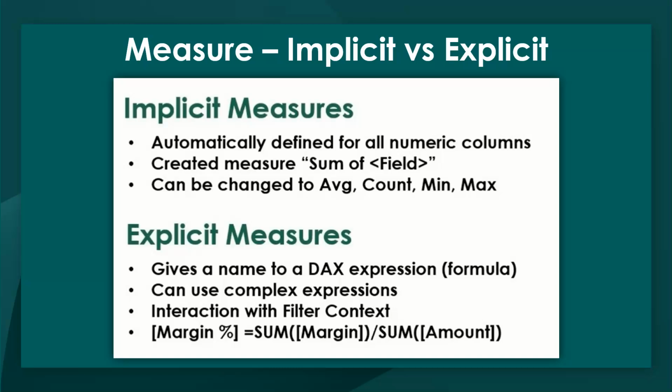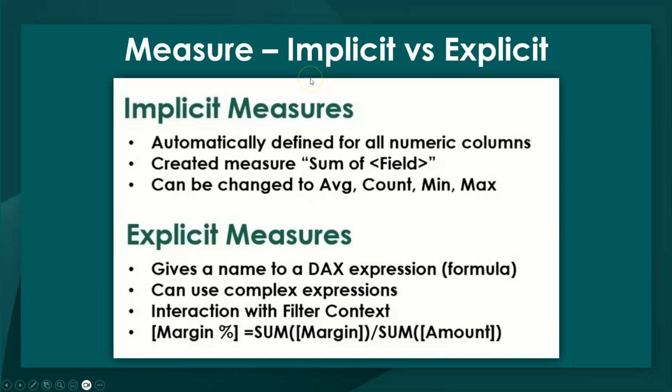So those are implicit measures, and it could be in the form of sum, count, average, max, min. As I told you, by default, when you drag any field into the values area, it creates a sum for you and you can change that calculation from sum to average, count, min, max.